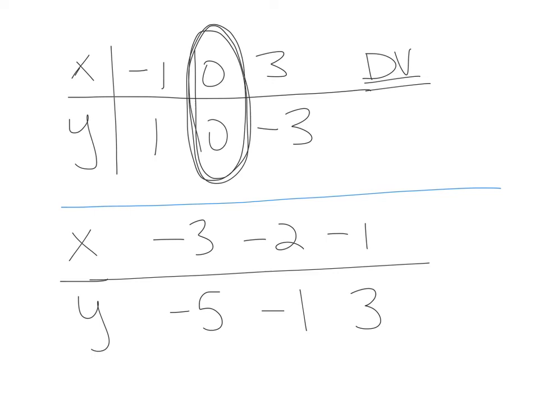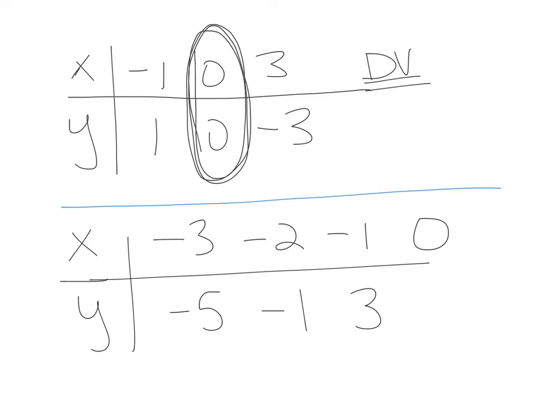Now let's say you don't see x equal to 0 in your table. Instead you see -3, -2, -1. But if you notice, these are going up by 1 each time. So if I added one more slot here, the next number I would write down would be 0. We just have to figure out what pattern they're using. If they went from -3 to -2, that's 1. Okay, we got that side.